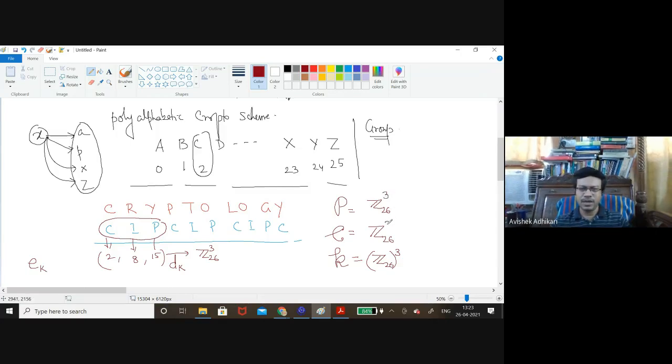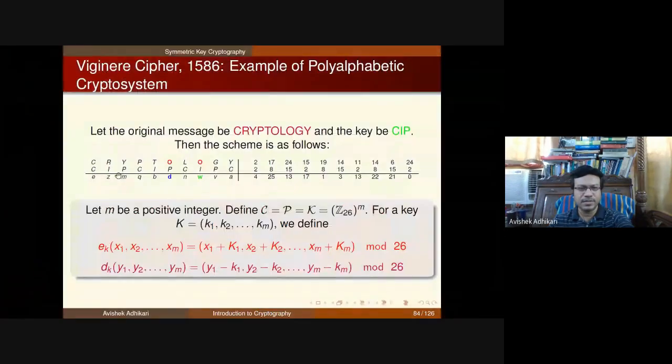That is why the plain text space is P, and the ciphertext space is also C, because your ciphertext and plain text come at a time in blocks. So for a positive integer m, in my example m was 3. As a result, C, P, and K are Z26 to the power m.